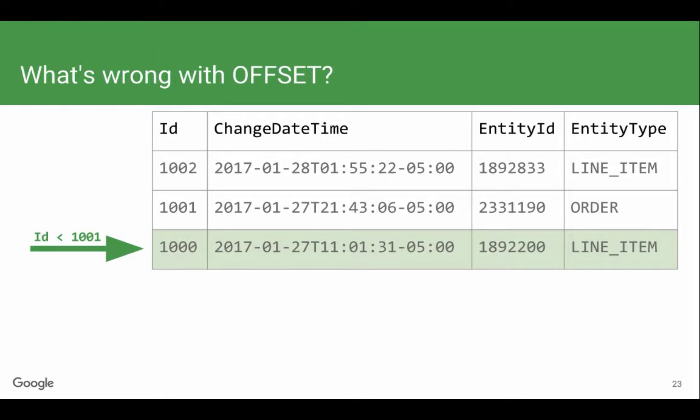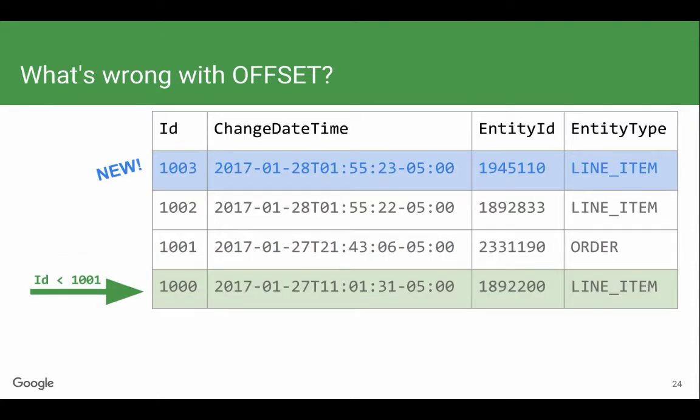On the other end, if you use a pagination token where ID is less than 1001, so you'll see here that we're pointing to the row prior to 1001. If a new entity gets added to the result set because someone changed it in our network, our pointer is still going to the same exact place. So we're still continuing on from the same location, even though changes have happened between our API requests.